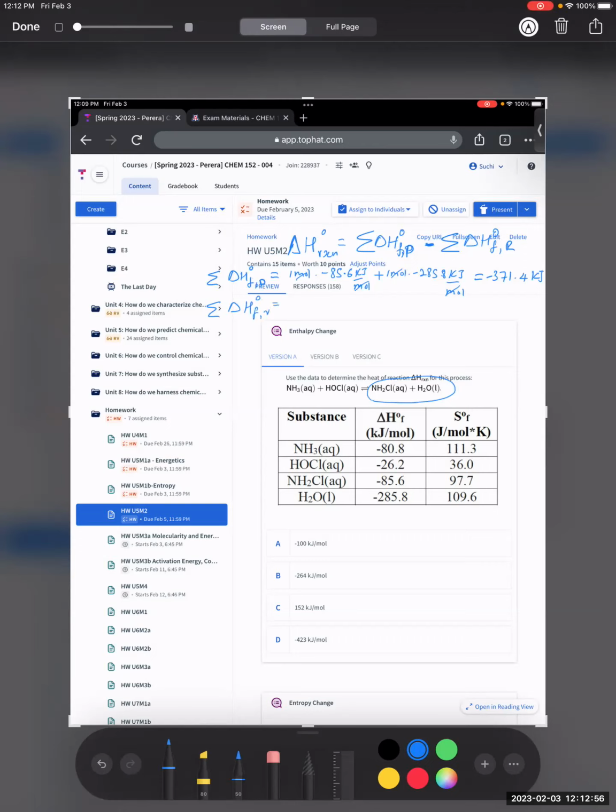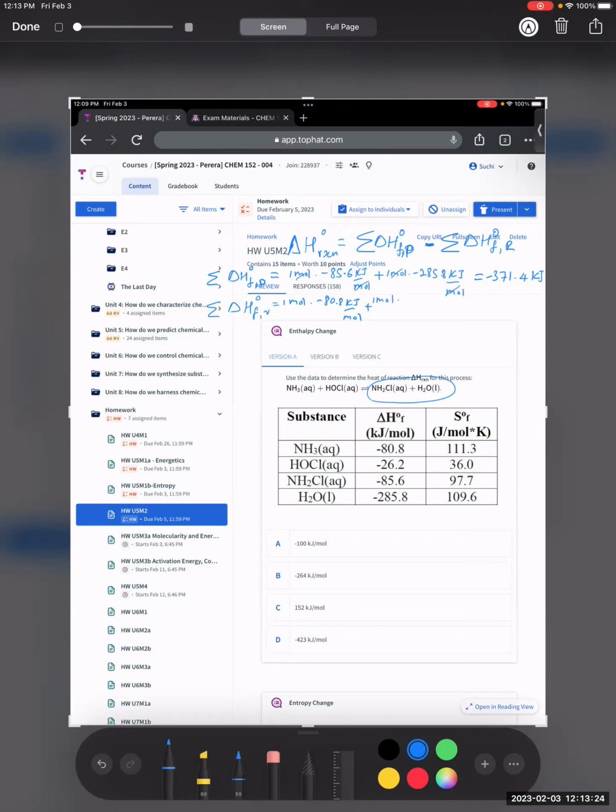Okay, so we have 1 mole of NH3, 1 mole times the NH3 formation enthalpy of minus 80.8 kilojoules per mole, plus for HOCl it is minus 26.2. And we have only 1 mole of that in the balanced chemical reaction.